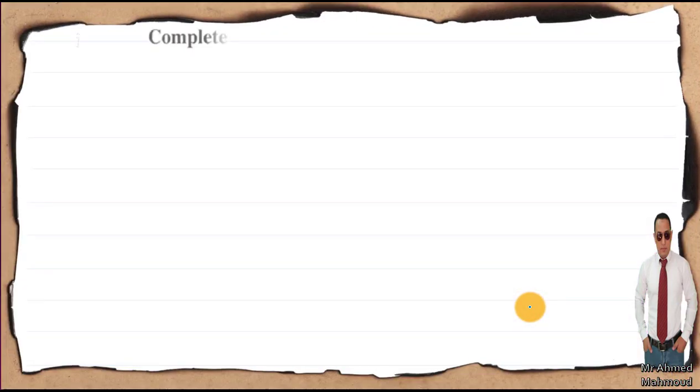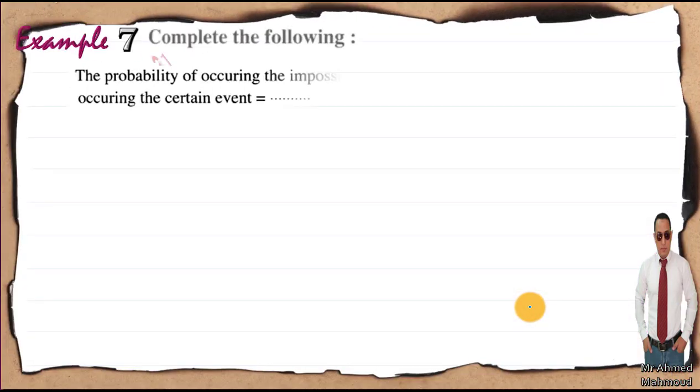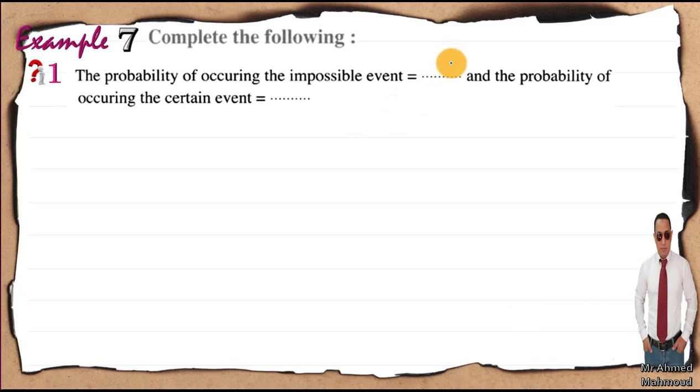Example 7. Complete the following. The probability of occurring of impossible event equal 0, and the probability of occurring a certain event equal 1 or 100%.